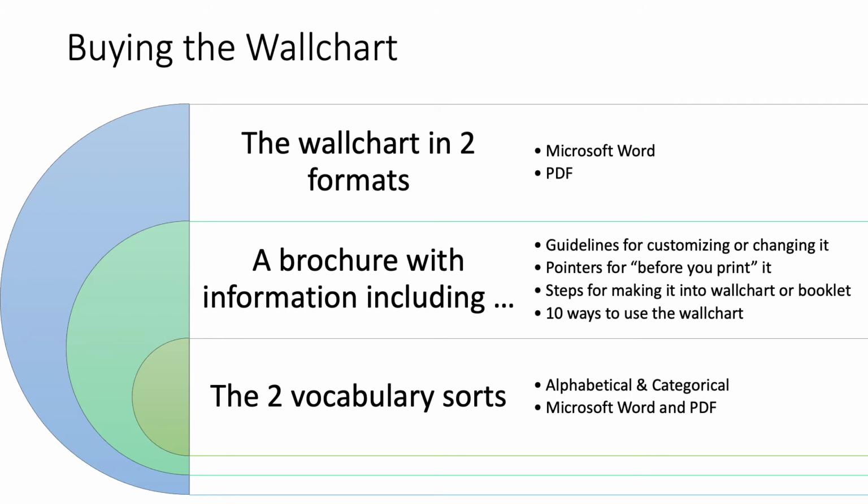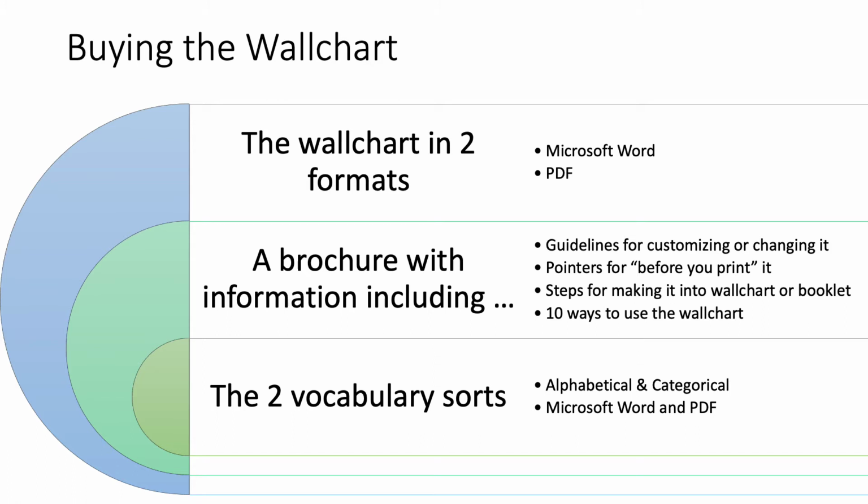When you buy the wall chart at my Teachers Pay Teachers store, you'll get the following things. The wall chart for the specific program, formatted two ways, in Microsoft Word and as a PDF file. The Word file will allow you to make changes and customize the chart as needed.